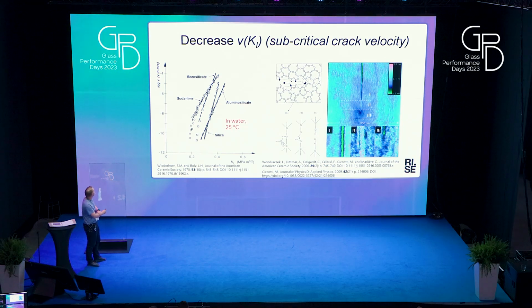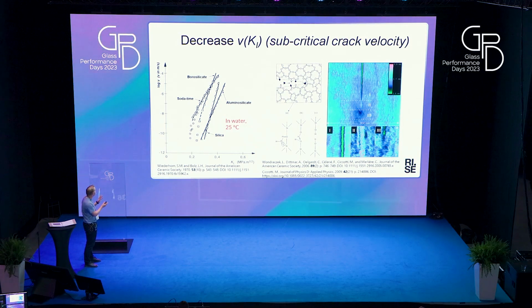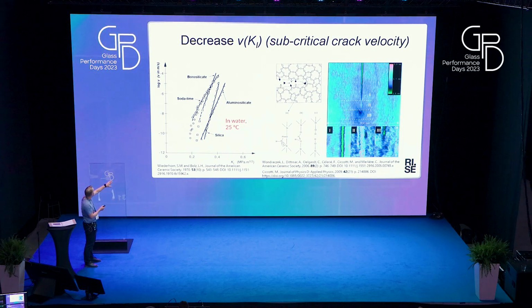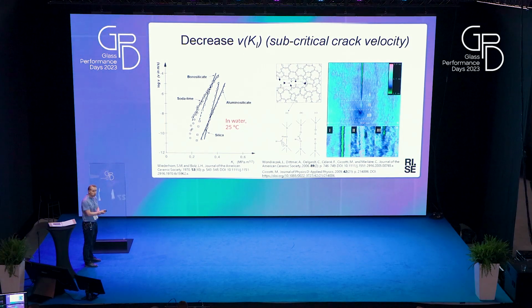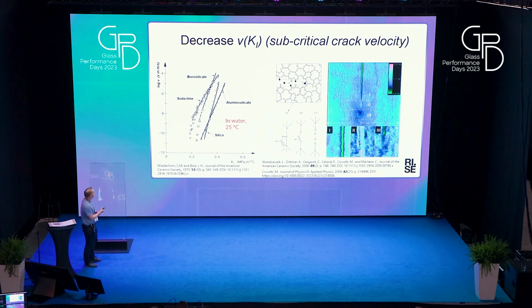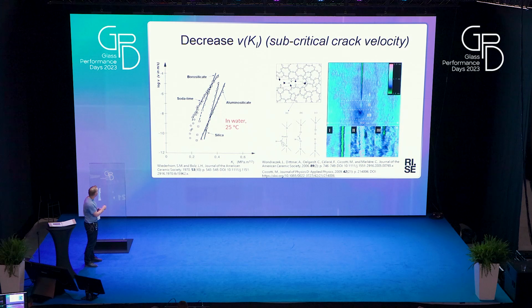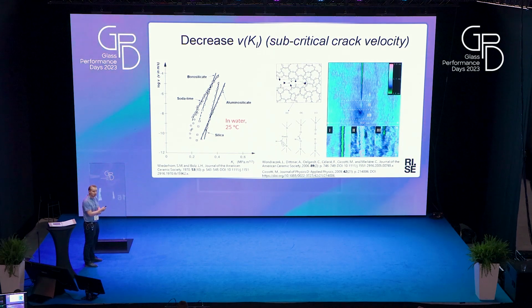Another example of decreasing the subcritical crack velocity is given here, that you can change the glass composition. So you have soda lime silicate, you have borosilicate, and then aluminum silicate is more durable chemical-wise. And that's a good example of this. So it's basically chemical reactions combined with applied stress.